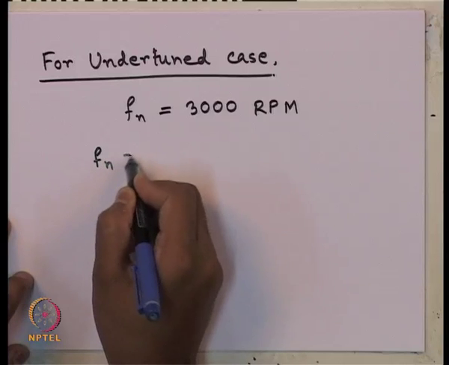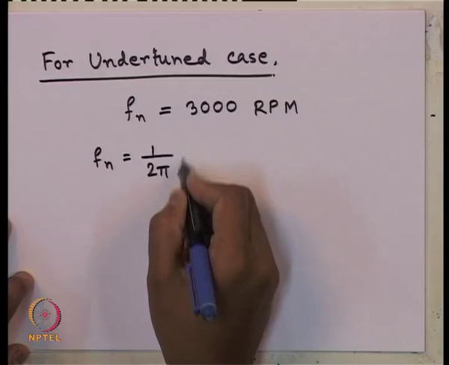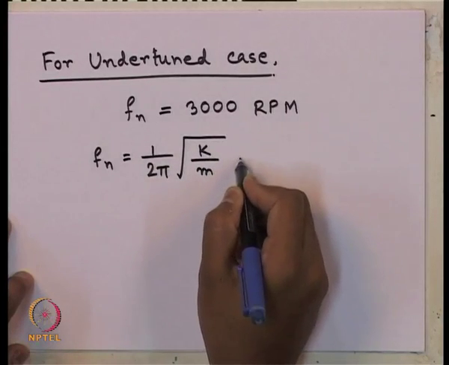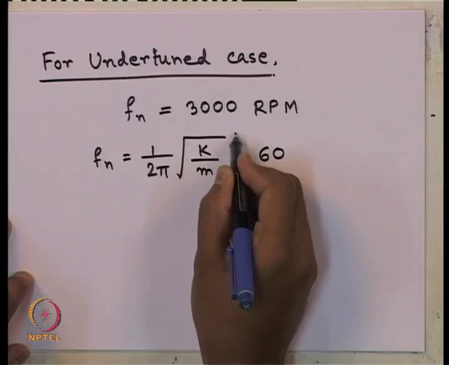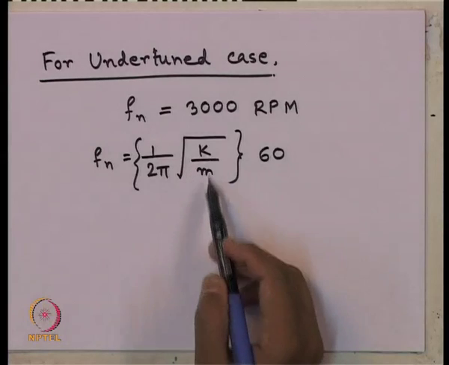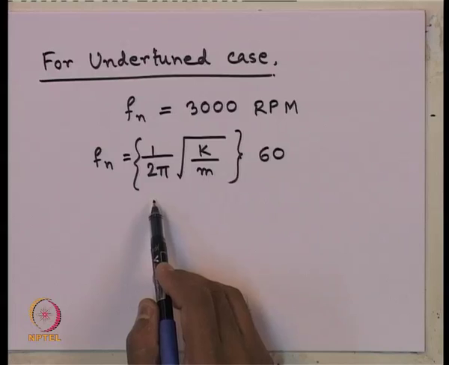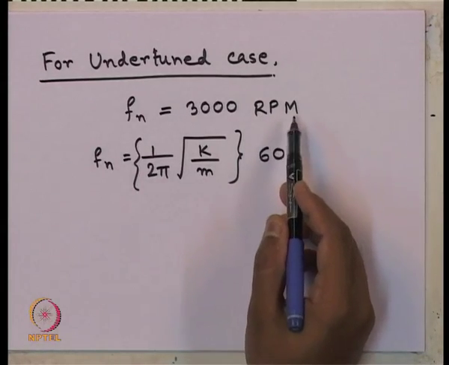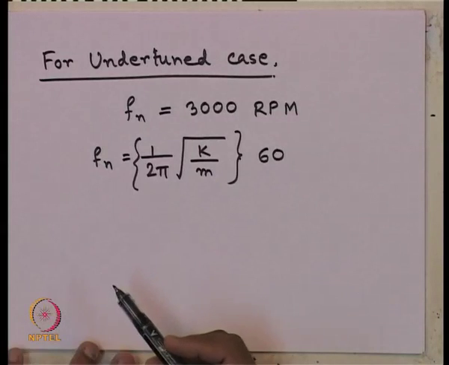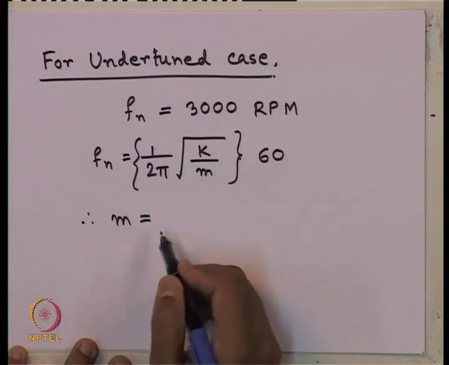Fn, we can write it like this, root over k by m into 60. Do you agree with me? Omega is root over k by m, omega is 2 pi f, so f is omega by 2 pi, and revolutions per minute to revolutions per second, that is why 60. Clear?